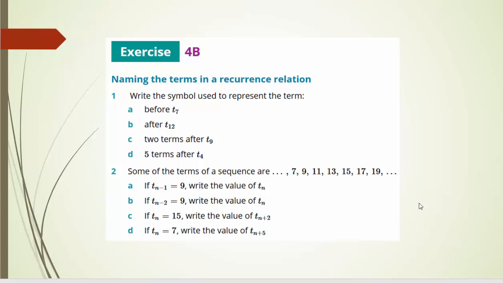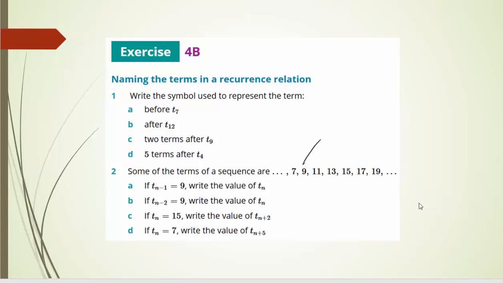In question 2 there, you're given some of the terms in the sequence, 7, 9, 11, 13, and so on. If Tn minus 1 equals 9, there's 9 here. That's if Tn minus 1 is 9, then the value of Tn will be the next term, because n comes after n minus 1, and that'll be 11.